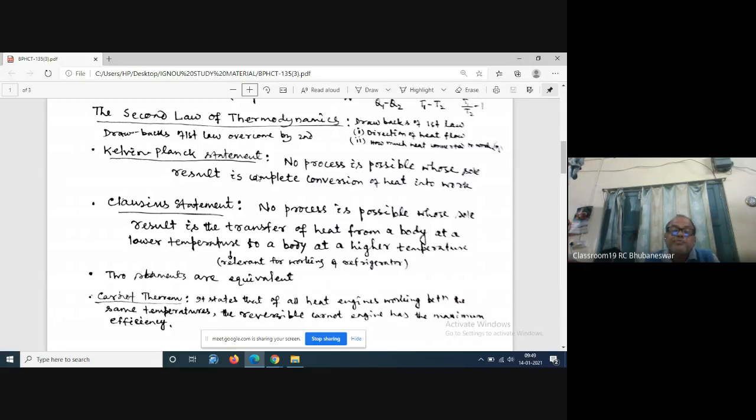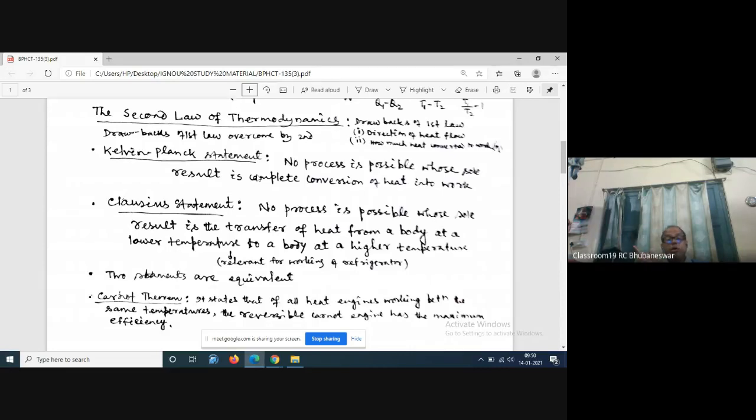That means it fixes the direction of heat flow. So you cannot transfer heat from a body at lower temperature to a body at higher temperature. But we do that in a refrigerator. How? With the help of an external agency. So heat cannot flow automatically from a low temperature body to a higher temperature body.